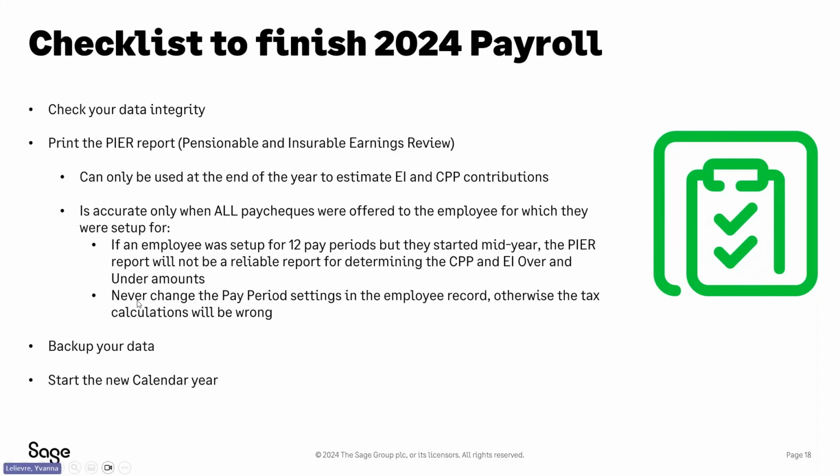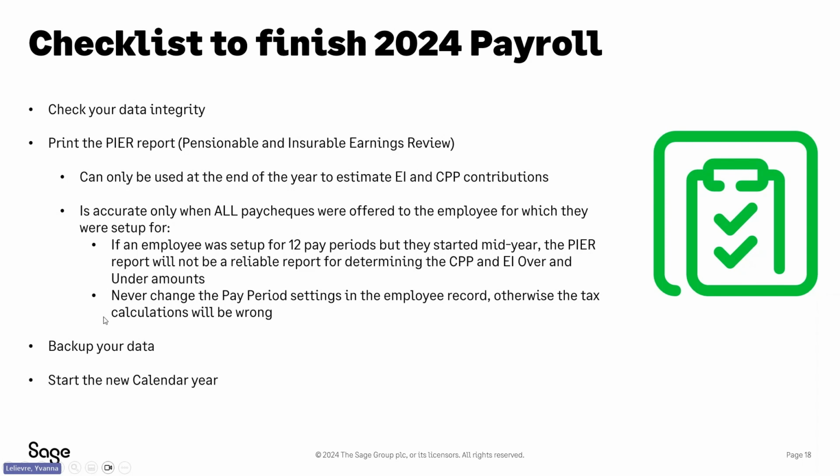Same thing, if during the year you had an issue with the settings or you had to make some changes and you changed the pay periods in the settings for an employee, the PIER report will present an issue.